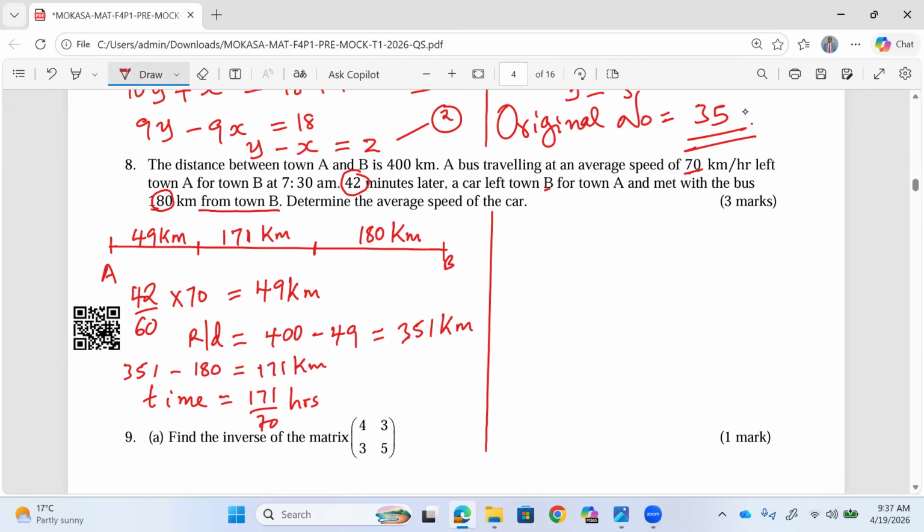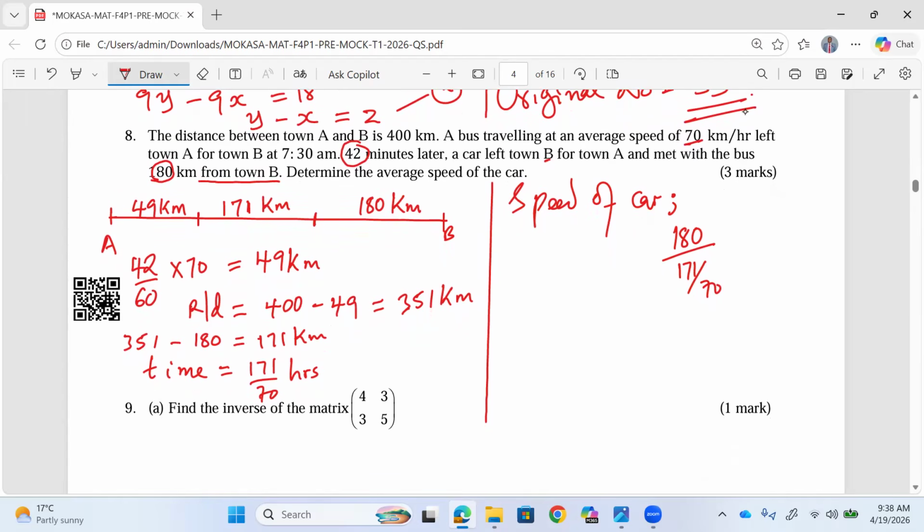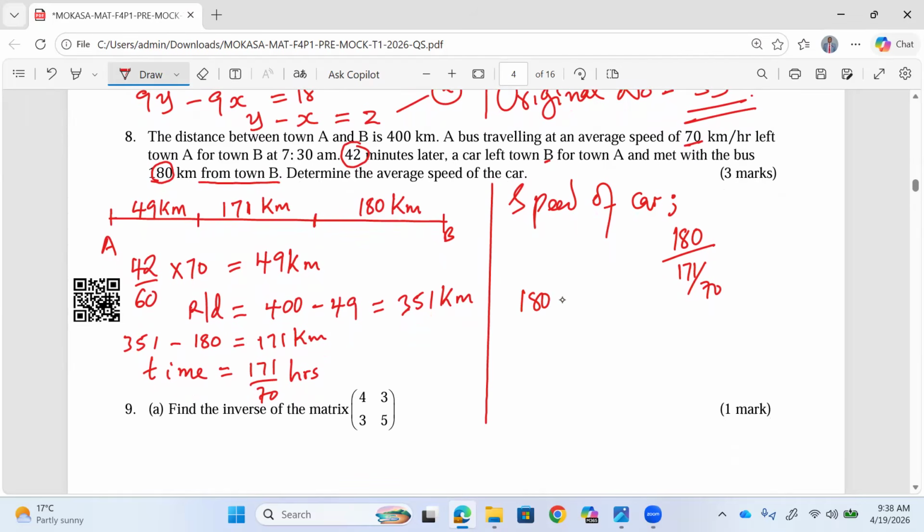the car has covered 180, meaning that the speed for the car, speed is generally given by distance over time. So 180 divided by 171 over 70, which means we have to pick 180 and multiply it by 70 over 171.